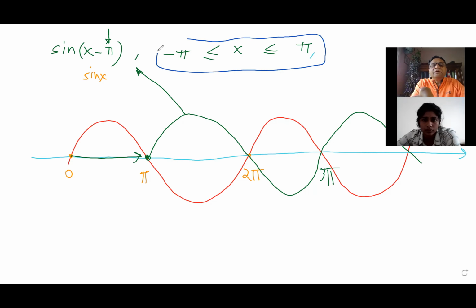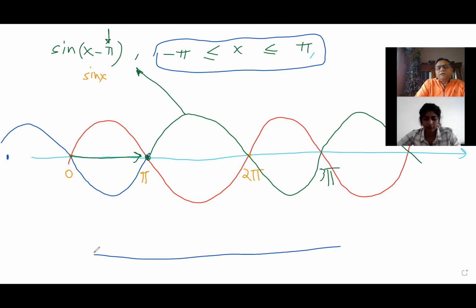This is what we need, correct? So basically, you have to see the other half, which is on this side. You have to actually start from this side, which is minus pi, correct? You get the idea of what I'm trying to say.